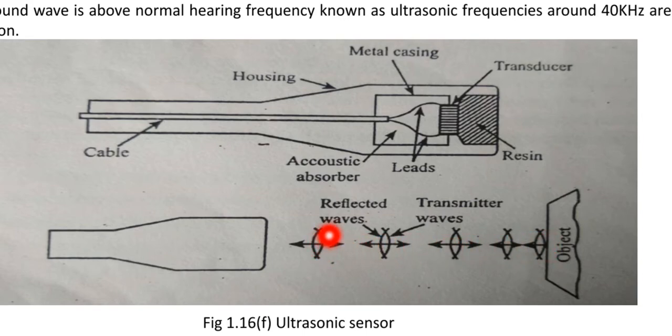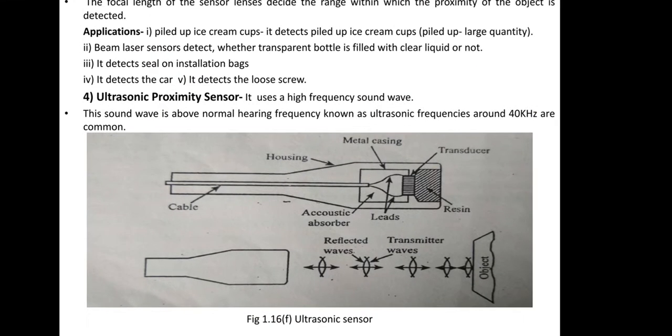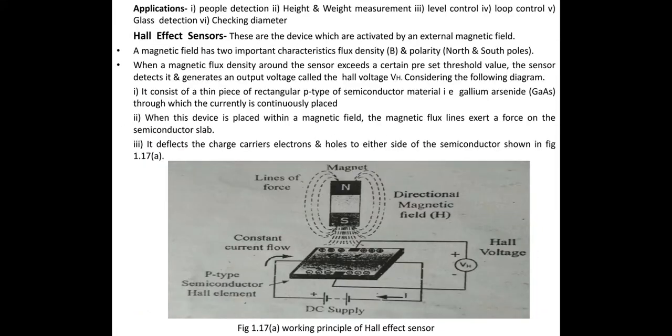You see here, this portion is the sending signal, and these waves are the receiving signal. Applications: people detection, height and weight measurement, level control, loop control, glass detection, then checking diameter, etc.